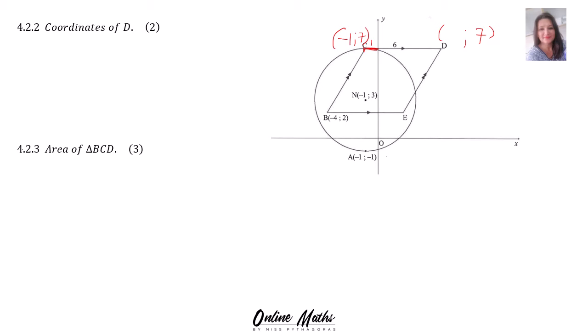And then we know that the whole distance CD is 6 units minus this part over there. Therefore, that remaining distance there is 5, and the coordinate will be the point (5, 7), worth 2 marks.